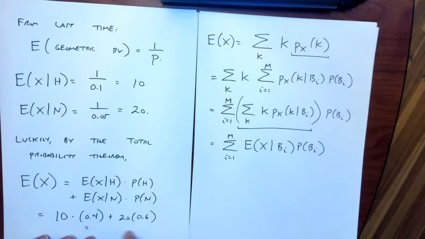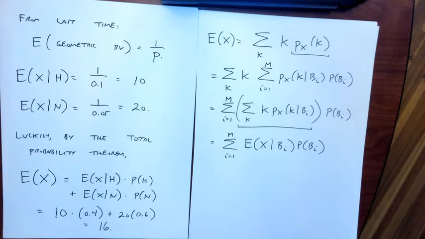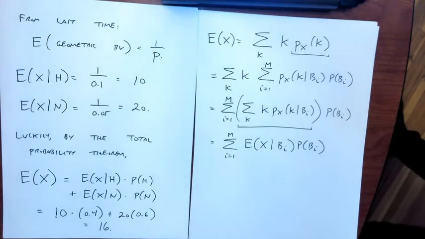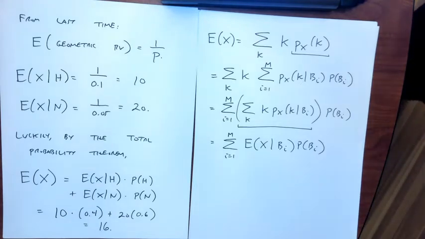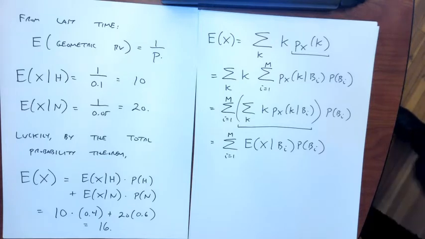So it's going to be 4 plus 12, which is 16. So luckily, that lets me go from an extremely tedious computation to a very quick computation, right? If I know the conditional expected values, I can get the expected value for the whole random variable.